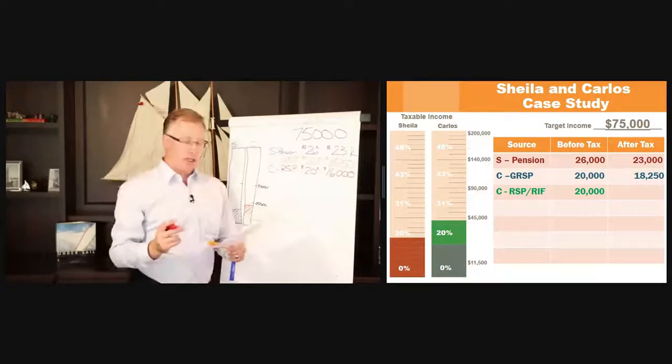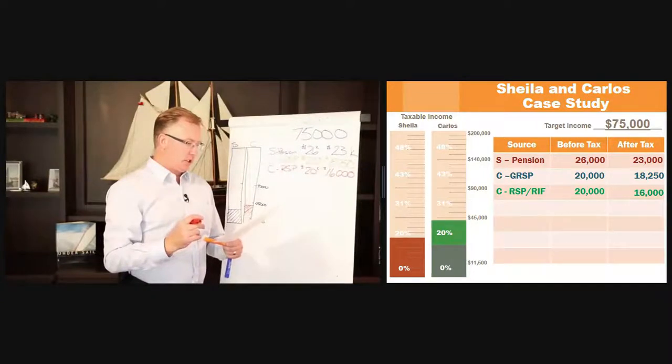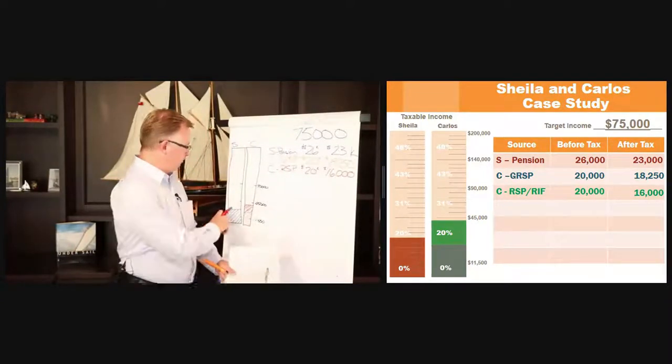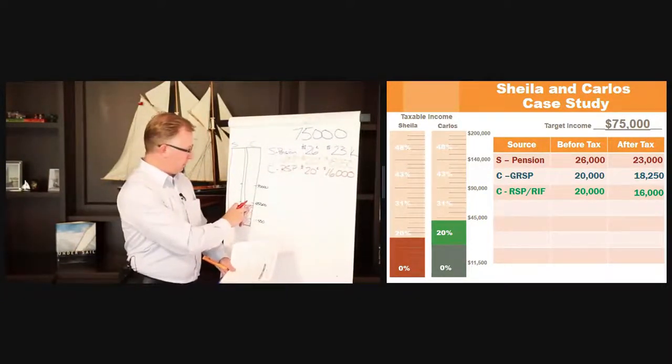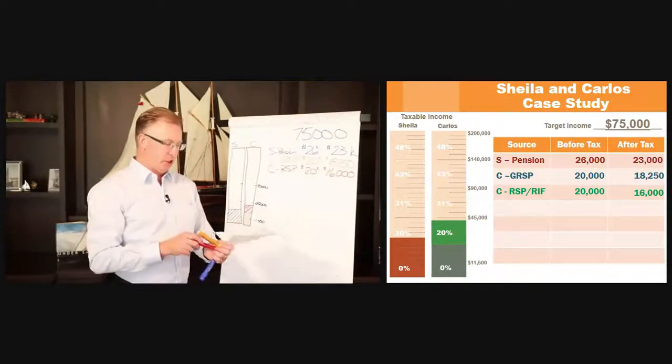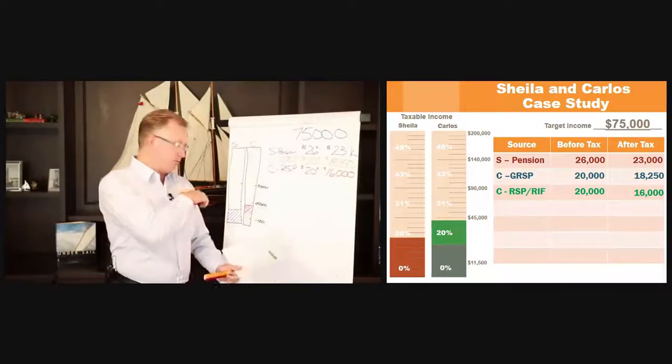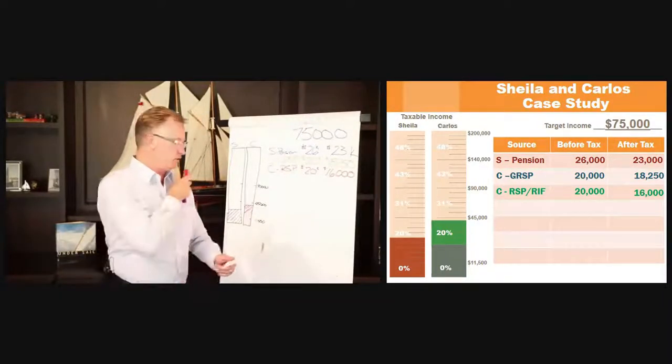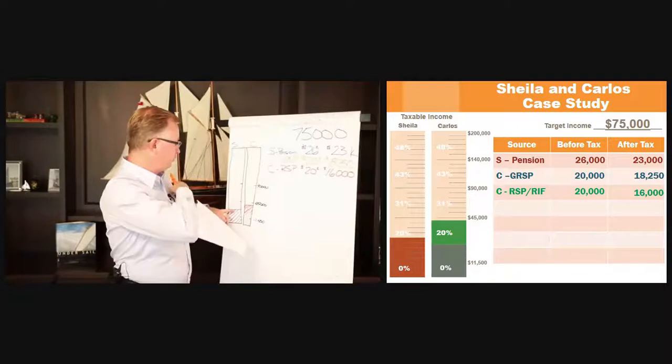Okay? Now, looking at Sheila's income, Carlos has got a lot more income now than Sheila does. So Sheila's going to take out about $14,000 so that she ends up with the exact same amount of taxable income as Carlos. He's got $40,000. She's at $26,000.